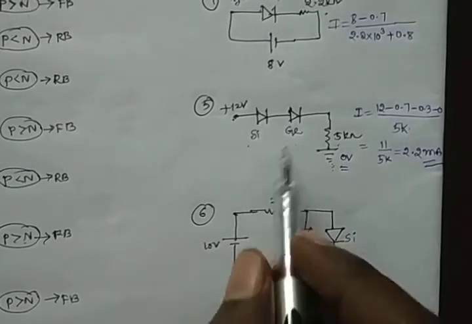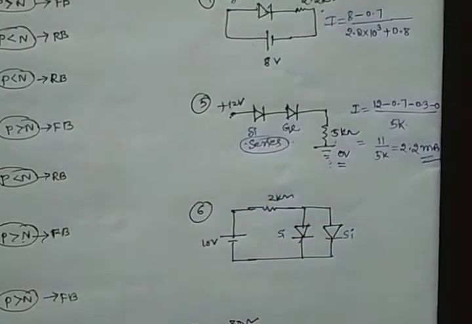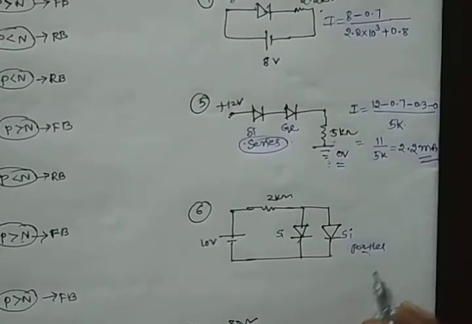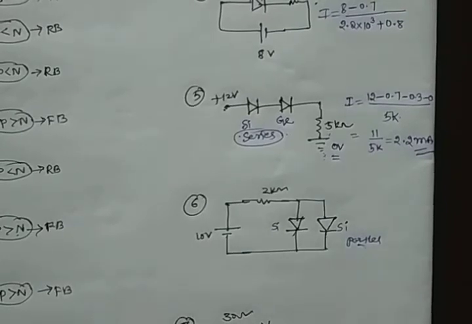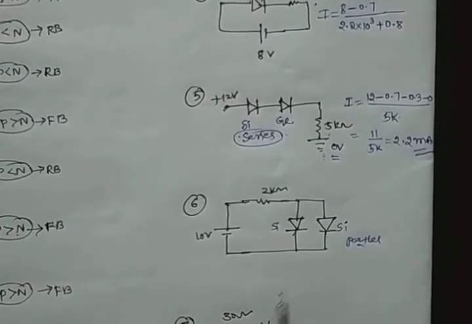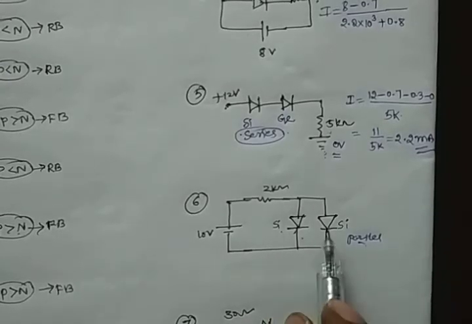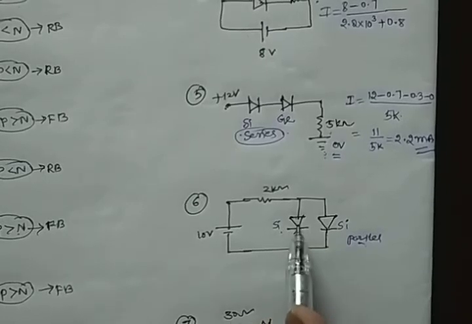For example, this is silicon and this is also silicon. Here they are said to be in parallel combination. In parallel combination, only one diode will work. If both are silicon or both are germanium, then in parallel the potential is constant.